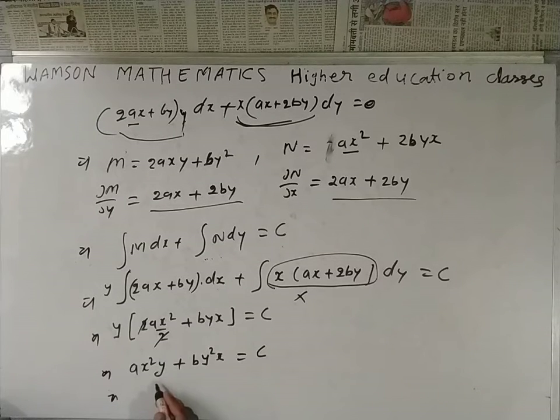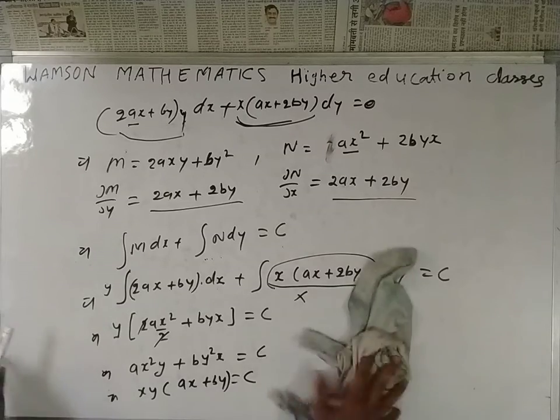Here xy is common, so xy times (ax plus by) is equal to constant. Yes, so this is our example.